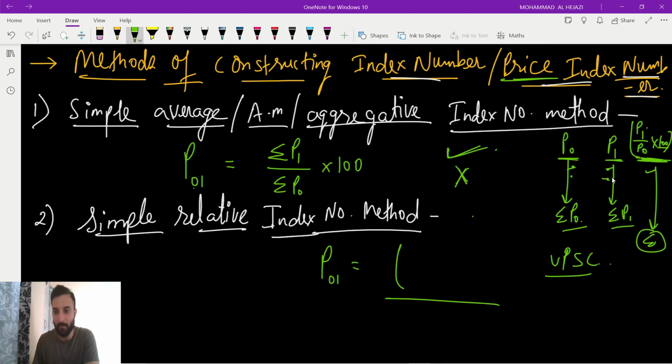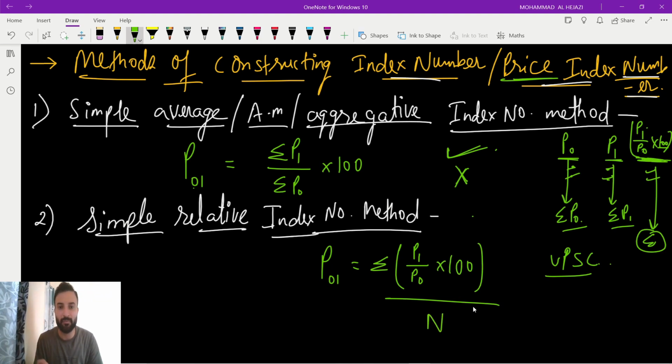Then you find the summation. So the formula will be summation of P1 by P0 into 100, divided by capital N, where capital N is the number of items, the number of commodities.